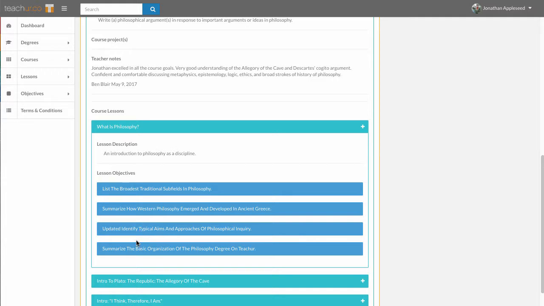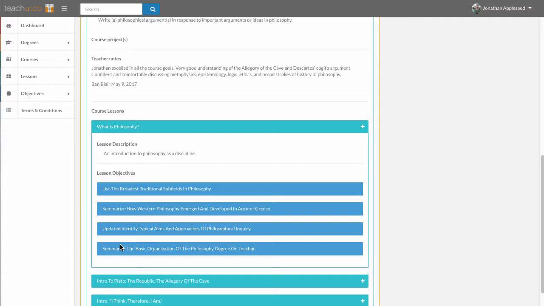So all of these objectives have been verified by an expert. And they've first been self-assessed. Any student who passes this course has first self-assessed. They have marked off that they have mastered each of these objectives. And then they've taken a computer-scored test with questions directly aligned to each of these objectives.